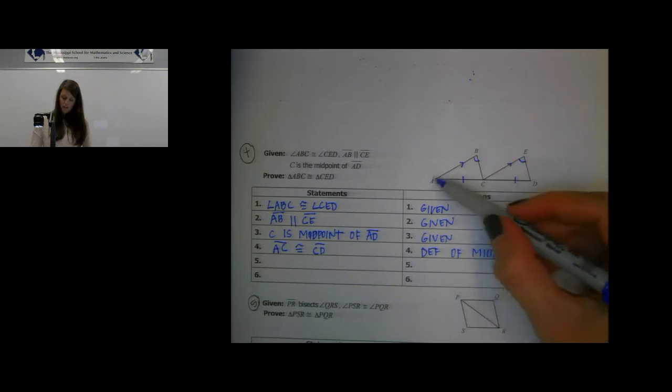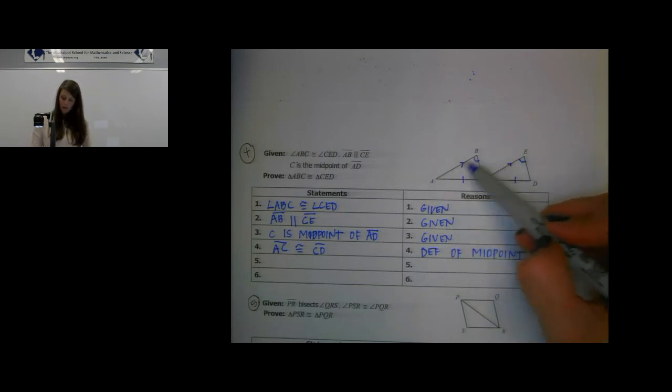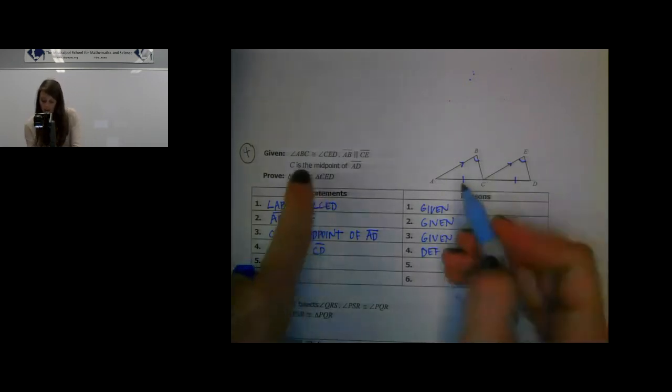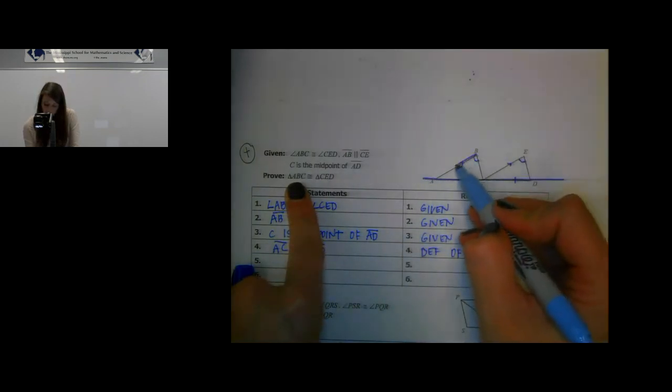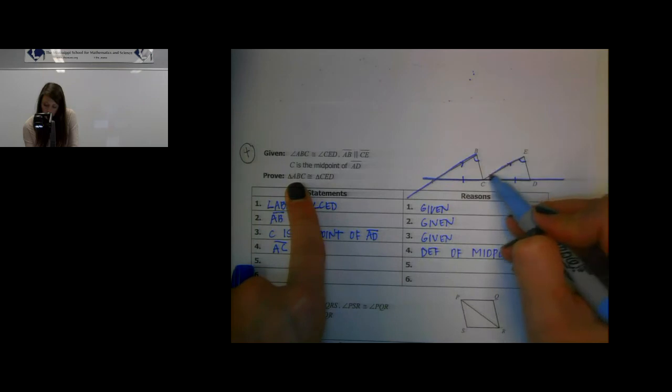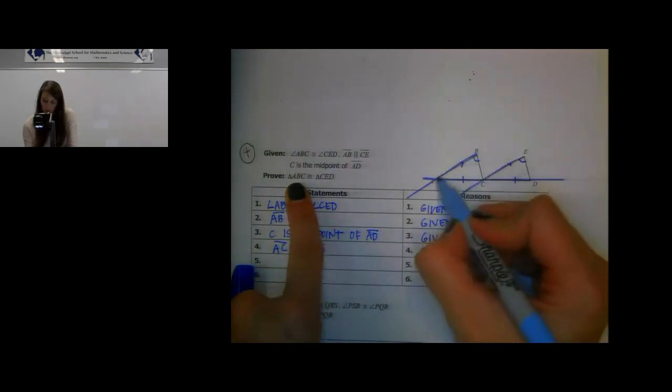All right, so if this side and this side are parallel, then what does that mean about this angle A and this angle C right here? So remember, think about that as a transversal. Like if this kept going this way and this kept going this way, what would happen?